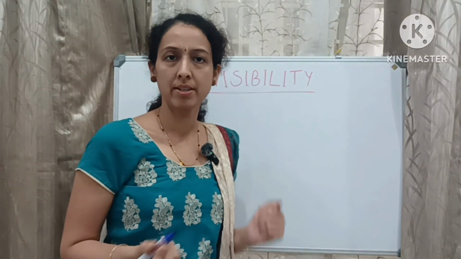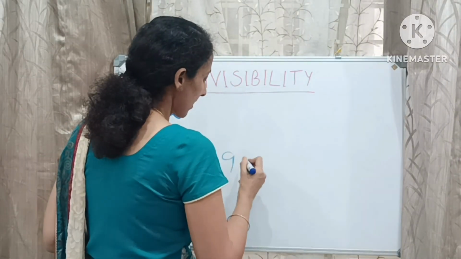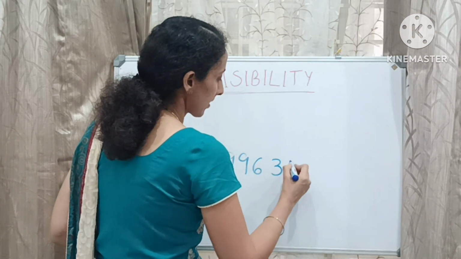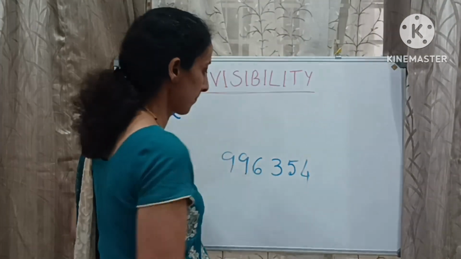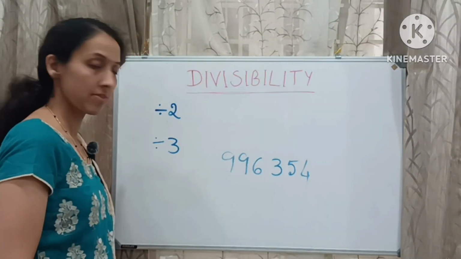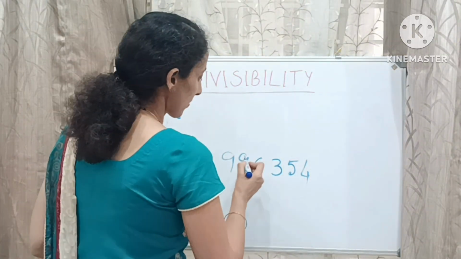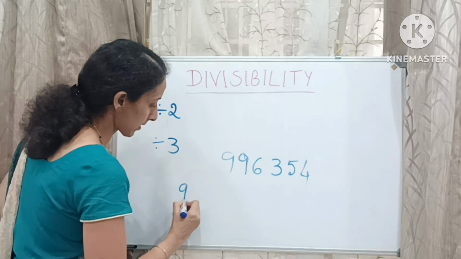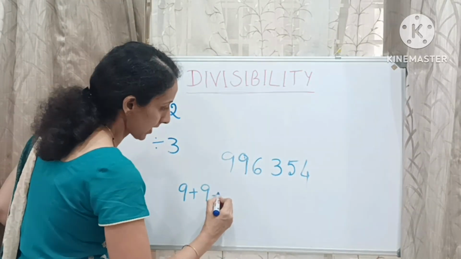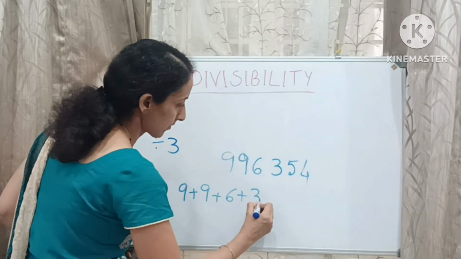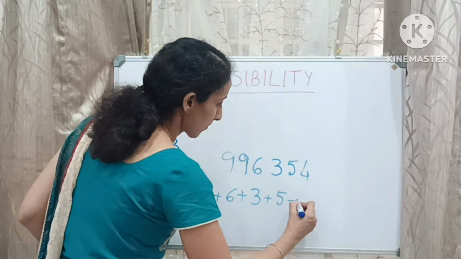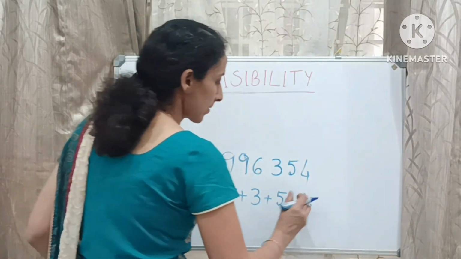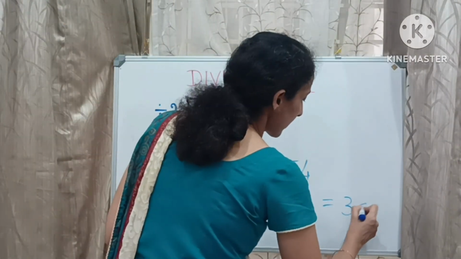Now let's take a bigger number, 9,96,354. Let us see if this is divisible by 3. So the procedure remains the same. First, let us add all these numbers. 9 plus 9 plus 6 plus 3 plus 5 plus 4 gives us 36.